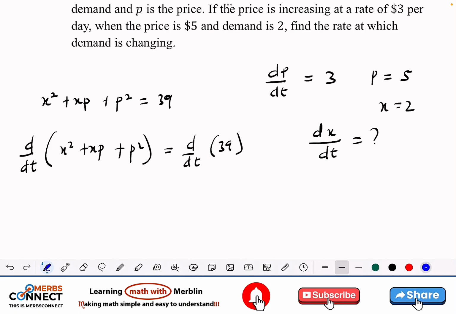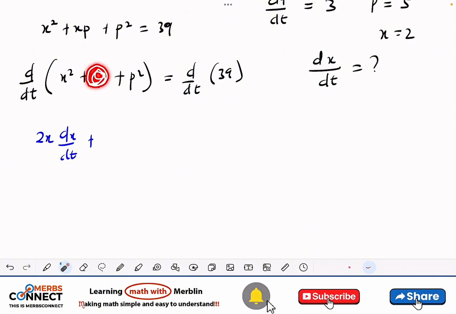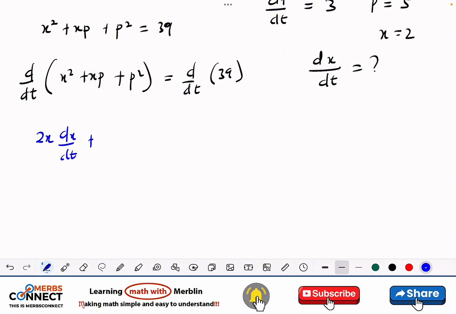When I differentiate x squared, I get 2x, but since this is not x alone, I add dx/dt. Plus, I have two functions here, x and p, so I need to use the product rule, right?